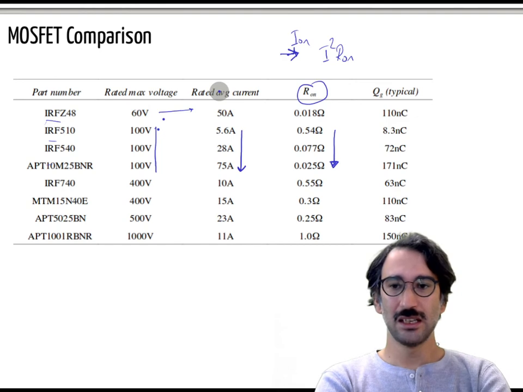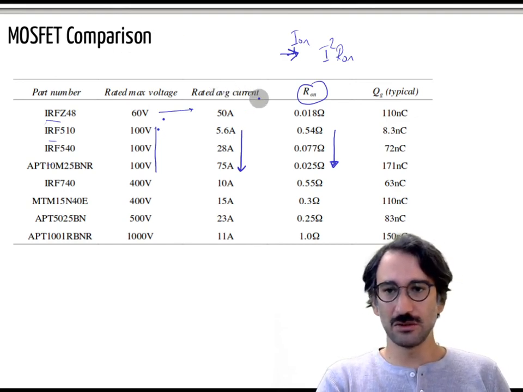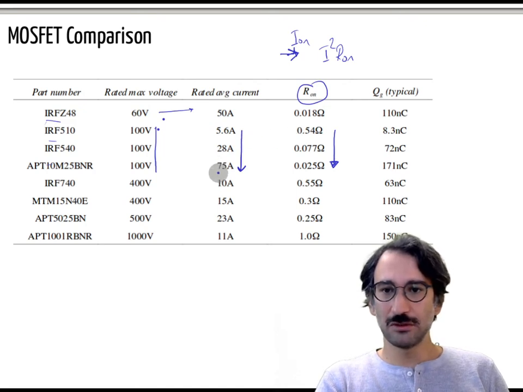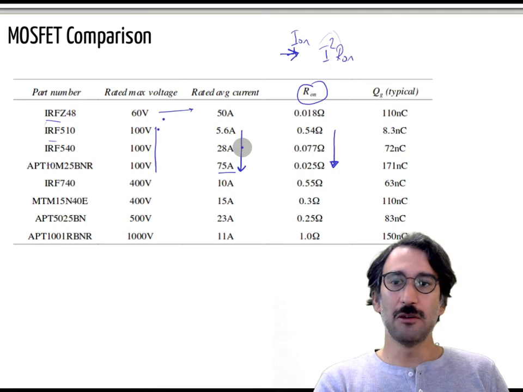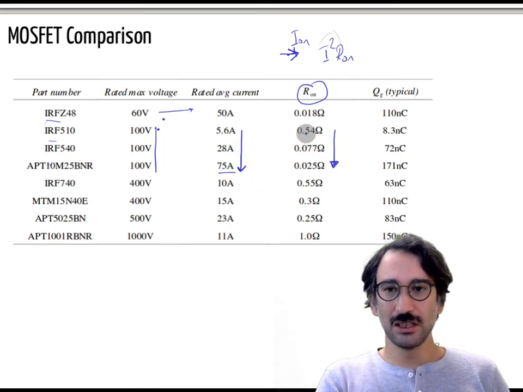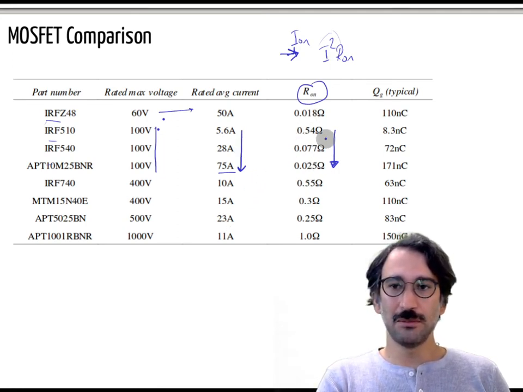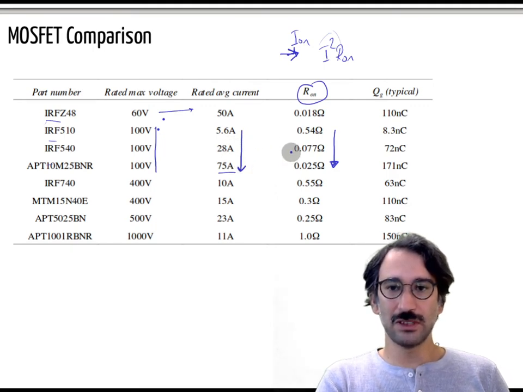So it has a positive effect on the on resistance. Again, the current will increase, and it is increasing with the square, so you will have more power dissipation, but overall, for the same current, choosing a larger MOSFET will help you to reduce your conduction losses.